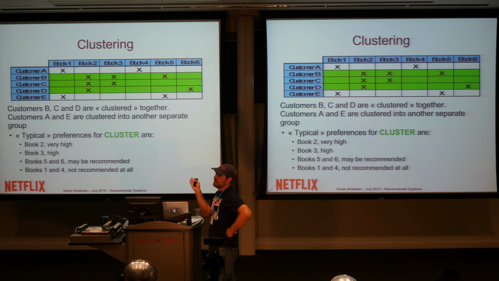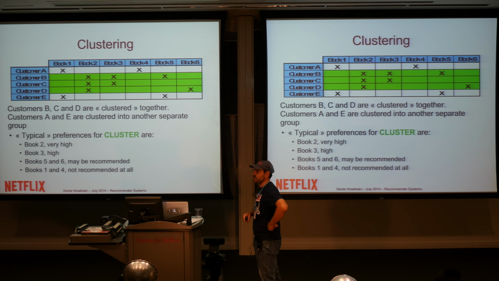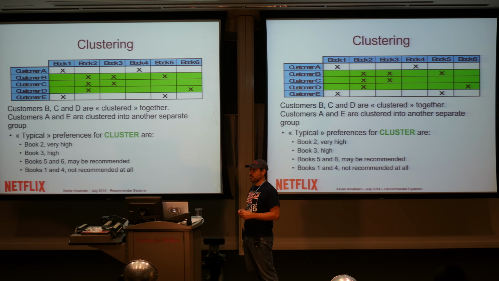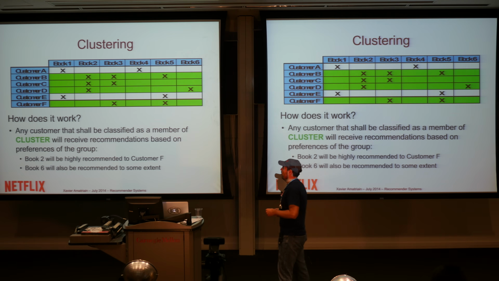But the examples that I'm using right now are simply based on the interaction between the user and the items. As a matter of fact, clustering is a way where you can combine both things, the content-based plus, yeah.